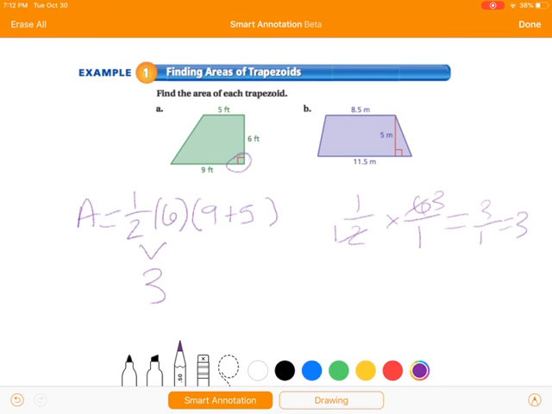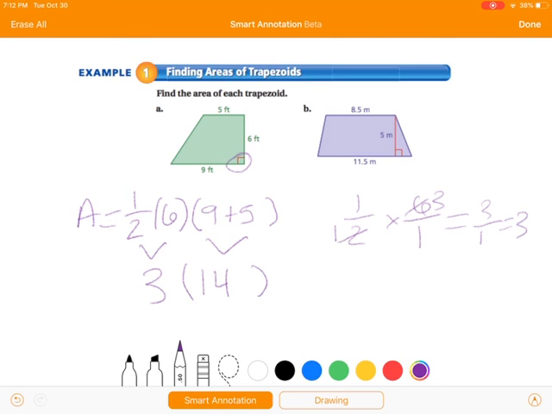So we found that 1/2 of our height is 3, and we still need to multiply by the sum of our bases. The sum of our bases is 9 plus 5, which we know is 14.